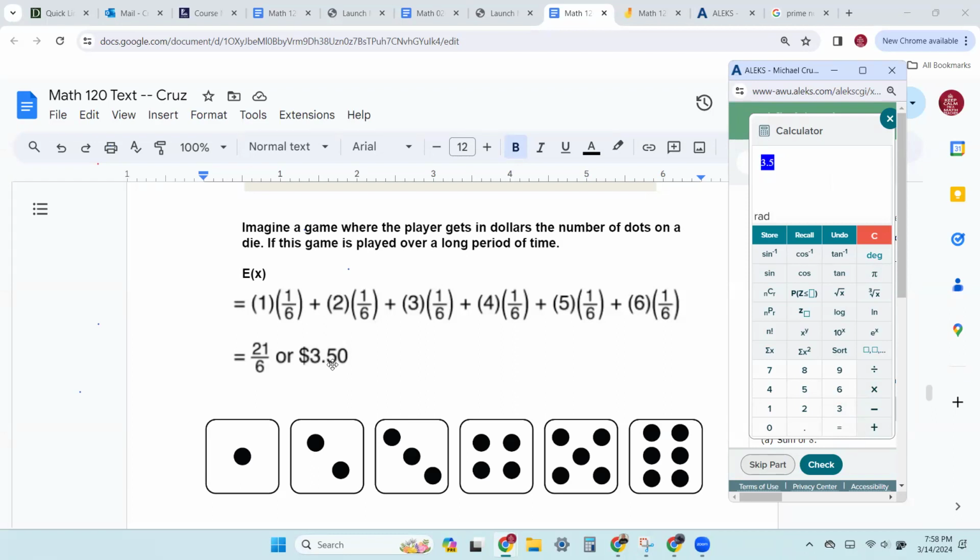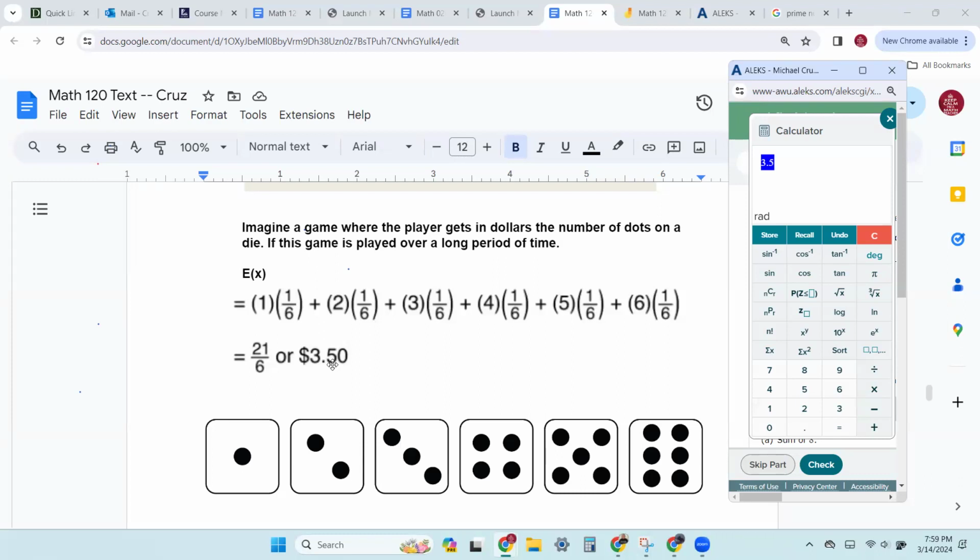So to sum it up, if we had a game that we could play like this and somebody was willing to lose money at it to let us play, we could expect to win $3.50 every time we play it. Now, it's not possible to win that on any particular roll of the die, because you either win $1, $2, $3, $4, $5, or $6. But what the expected value means is what happens if you do it continually over time.